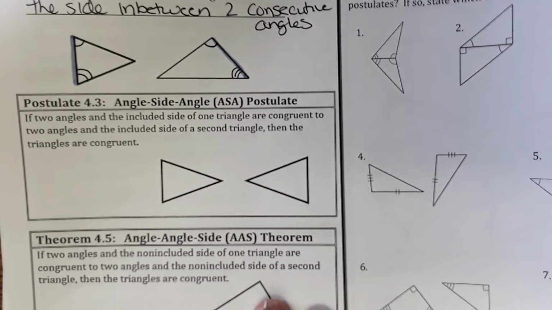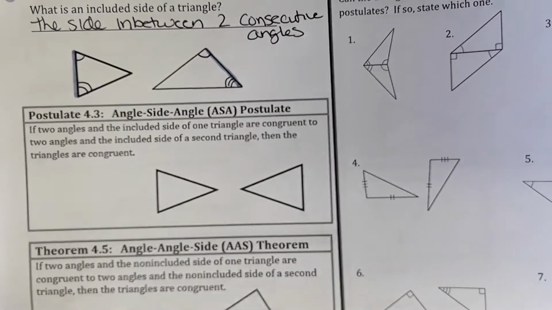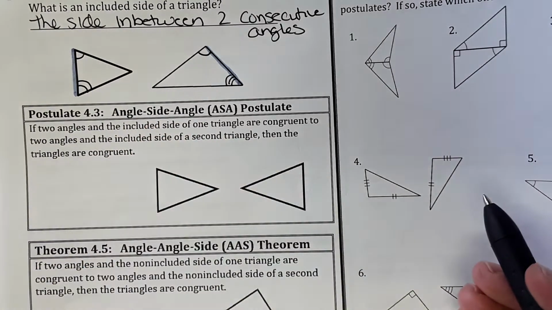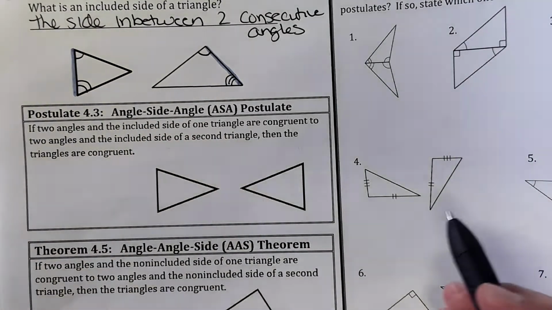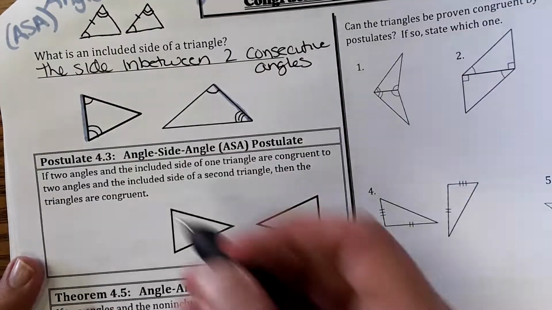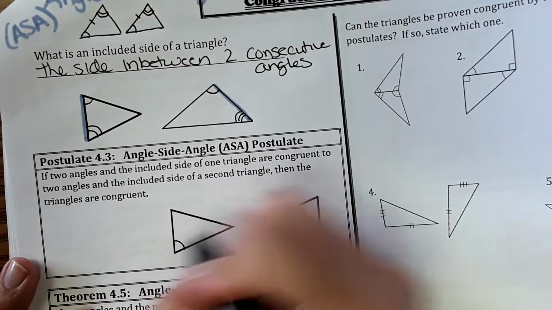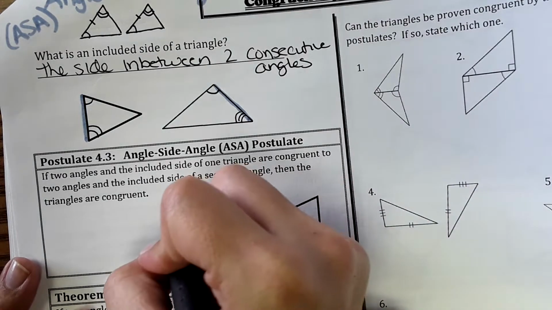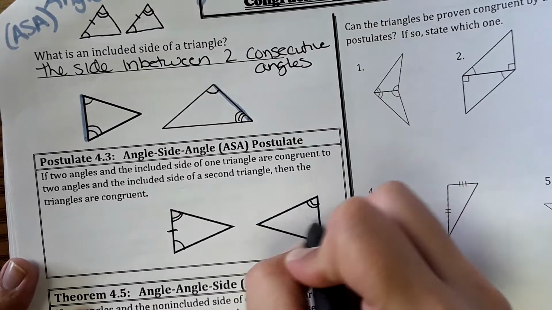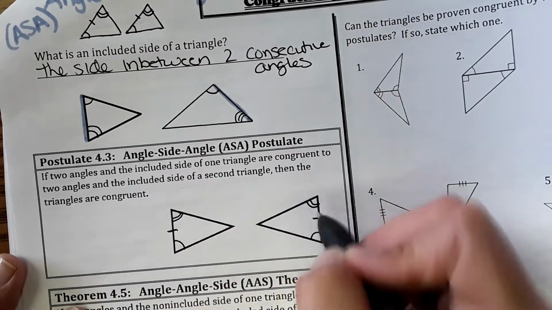Okay, so here's the postulate written out. It would be the same for side, side, side, or side, angle, side. It's just saying if you have angle, side, angle congruence, then you can conclude that your triangles are congruent. So for angle, side, angle, just kind of drawing it out just like I did above. If this equals this, and this one equals this one, and these are equal, you have angle, side, angle.